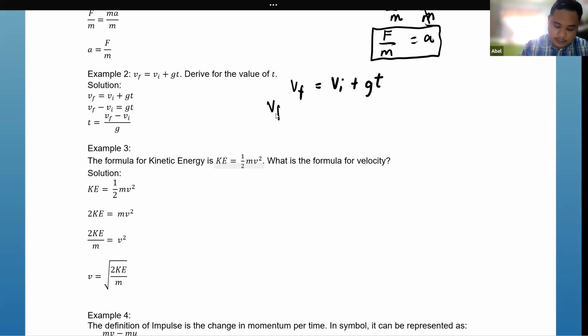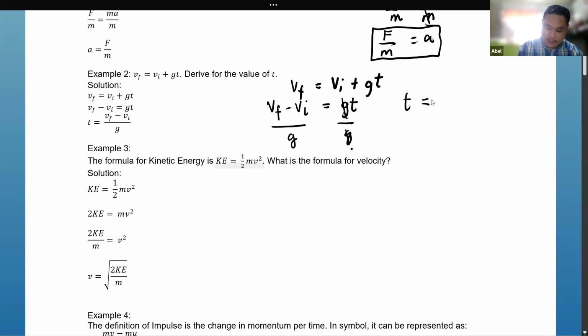Although there's no word in mathematics such as transpose, we just use it for easier visualization. And so vf, then when we transfer vi to the other side, that would be vf minus vi. So it's going to change sign. Now we're looking for the value of t, so you need to divide both sides by g. And so time, or t, would be vf minus vi over g.